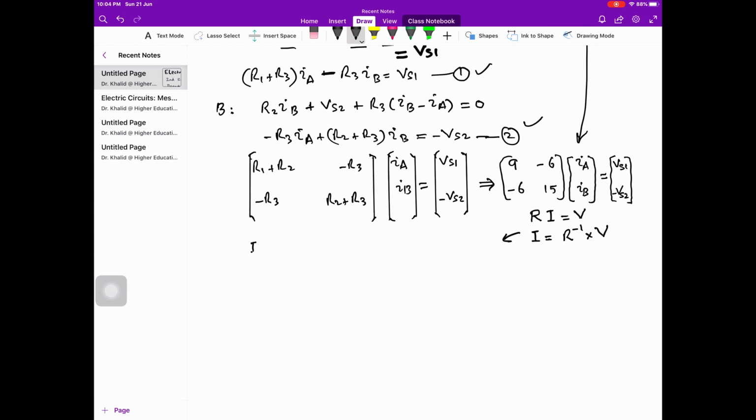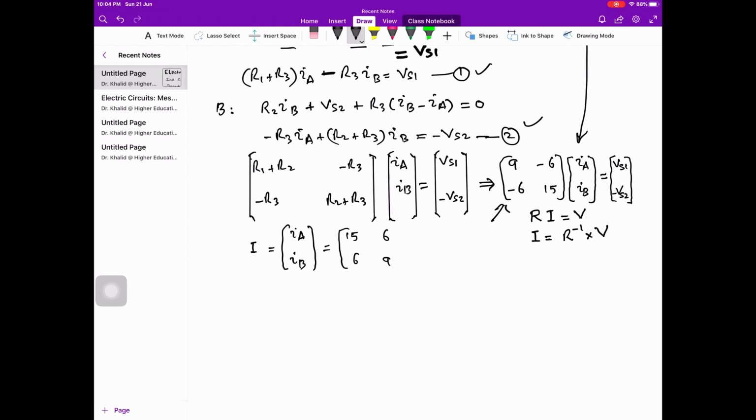So the I matrix, which is basically IA and IB, is the inverse of this matrix, and you see the inverse is 15 and 9 and 6 and 6.